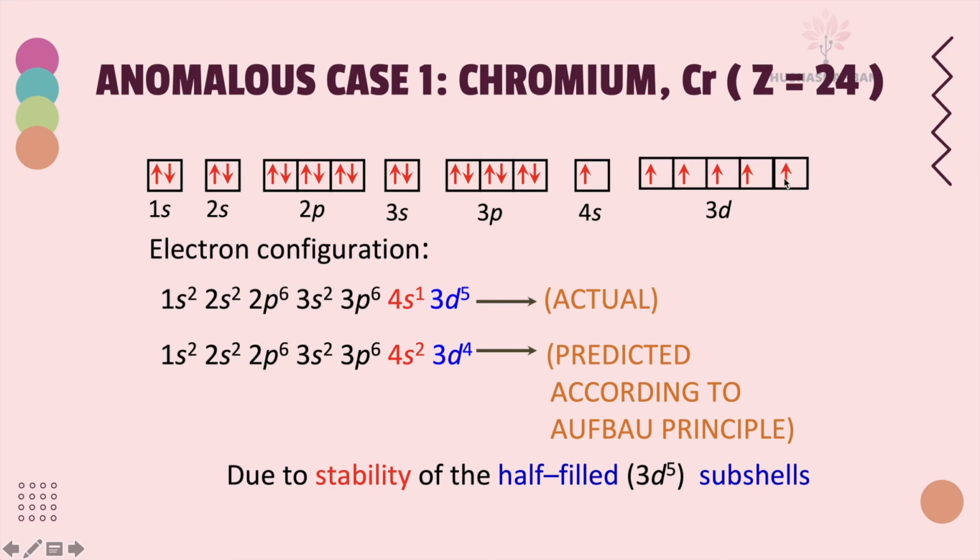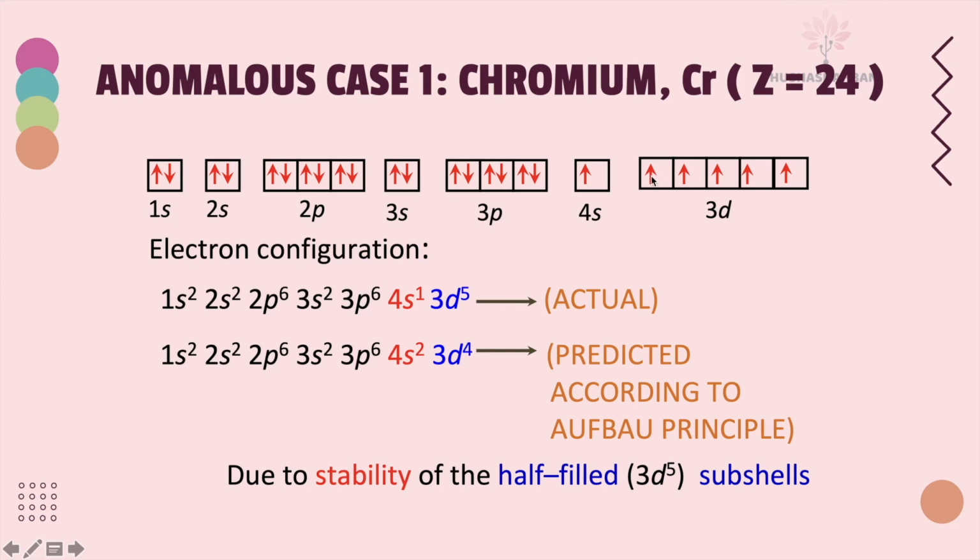If you take this one electron and put it in 4s to become 4s2, the one that we predict, 4s2 3d4, we have one orbital in 3d that is not half-filled, which is less stable than the orbital which is half filled with electron.